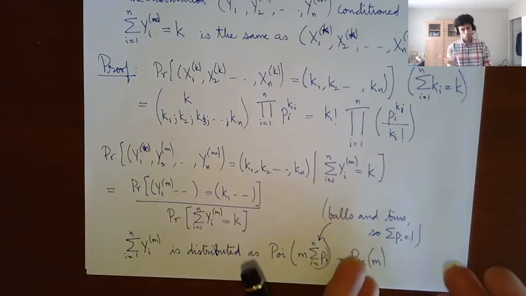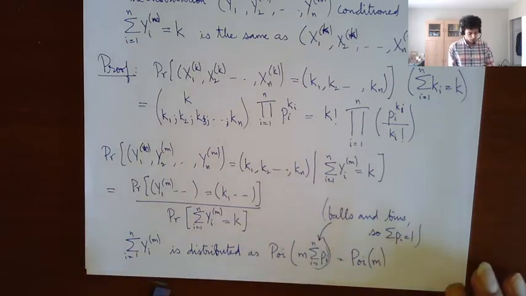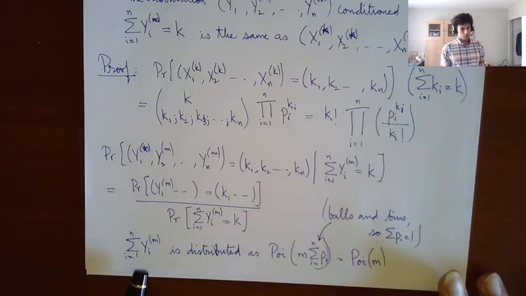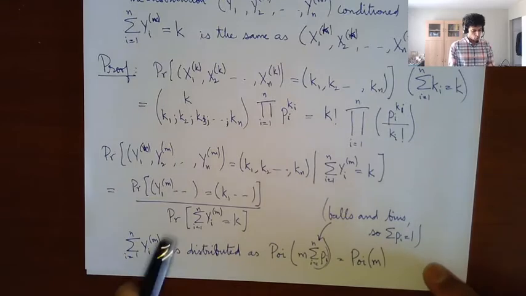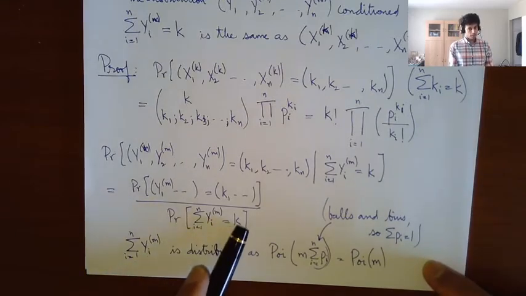This is just saying it's a distribution, and therefore the summation of yi of m, which is the sum of all of these individual Poissons, is distributed as a Poisson with parameter m. We're going to come back to this fact later on because this is going to be the heart of what's called Poissonization. So we know how to deal with the denominator here.